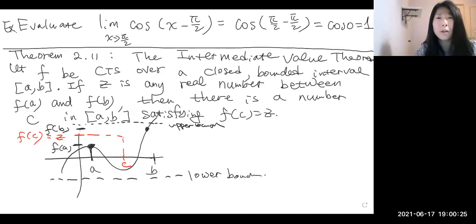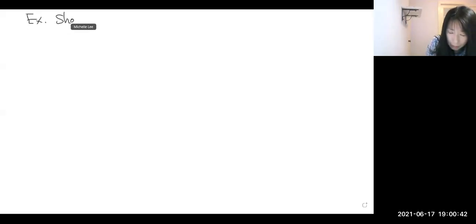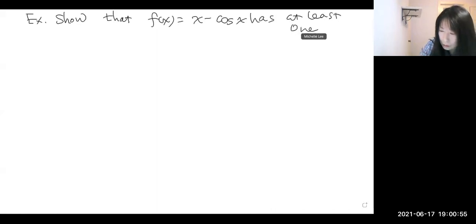So sorry all the time. Okay. So let me do this one here. Show that f of x equals x minus cosine x has at least one zero.